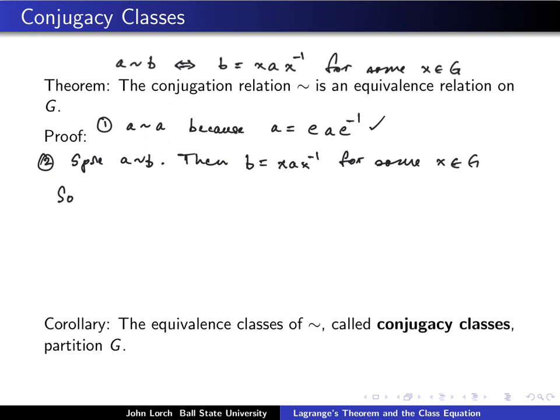And that means that if you multiply on the left by X inverse and on the right by X, you get X inverse B times X is equal to A. And hence, A is equal to Y times B times Y inverse, where Y is equal to X inverse.